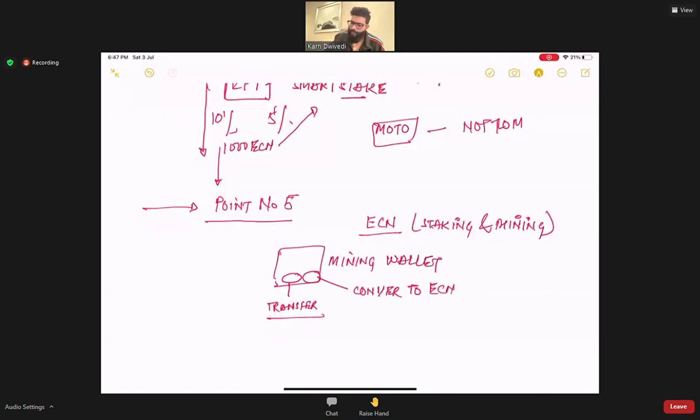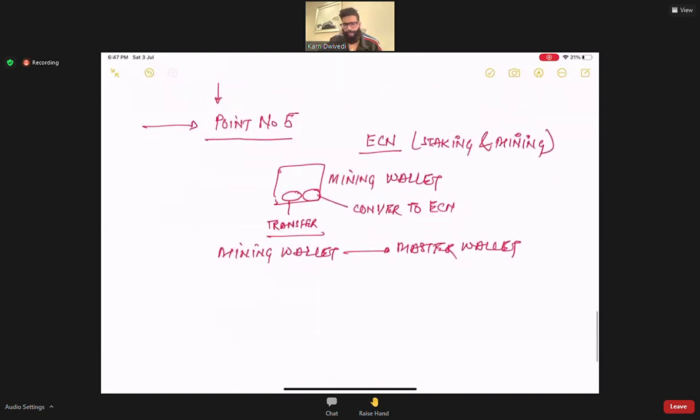This transfer button was working for transferring from mining wallet to master wallet. This was the job of the button.